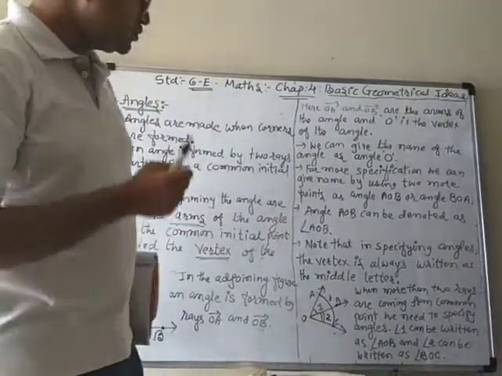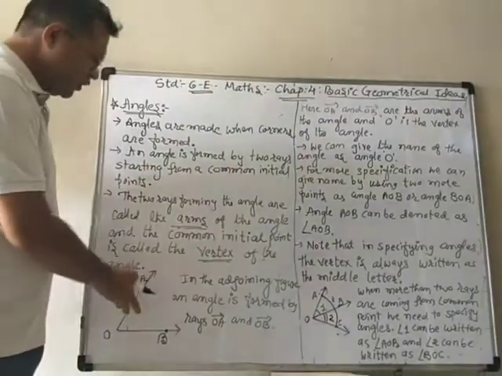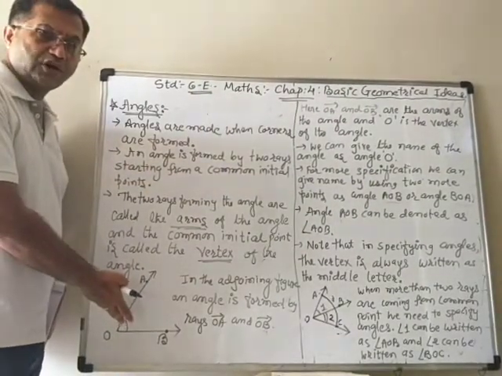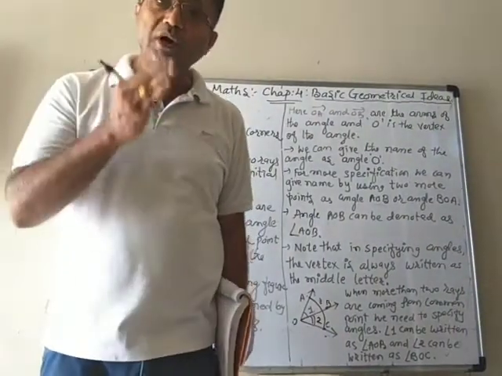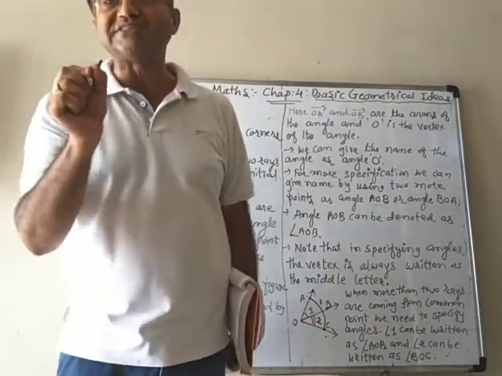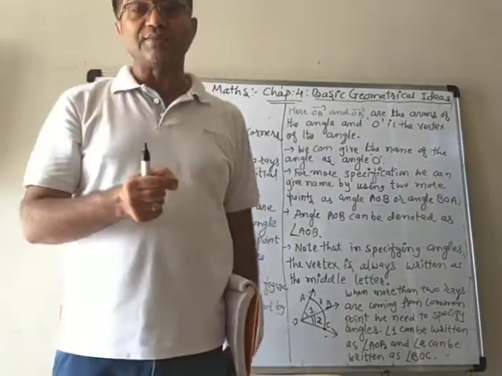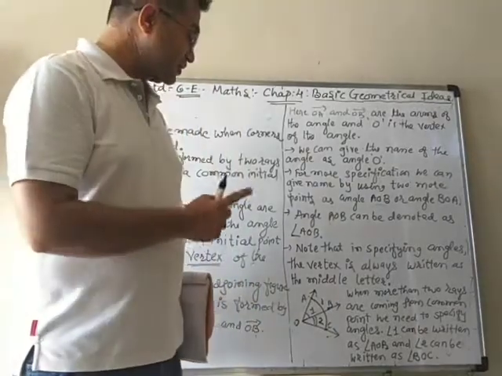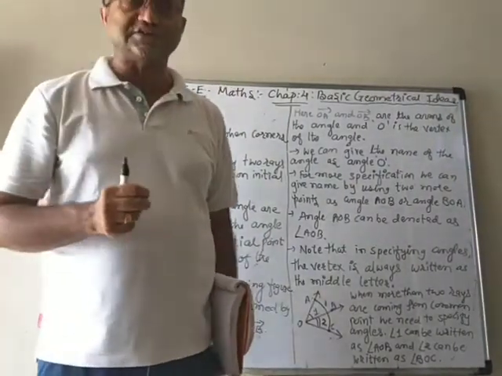So we have to be very, very careful. Especially here you can write angle O, not a problem, because there is no confusion. But when more angles are formed at the same point and we want to specify the angles, be careful that we give the name properly using the 3 letters.